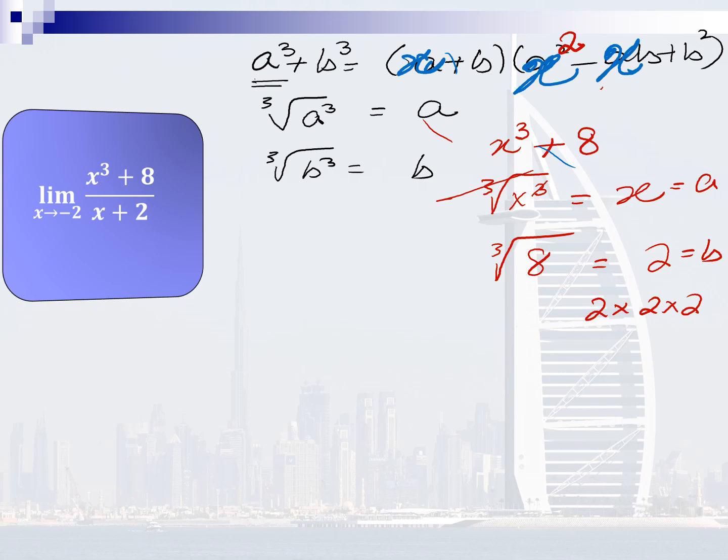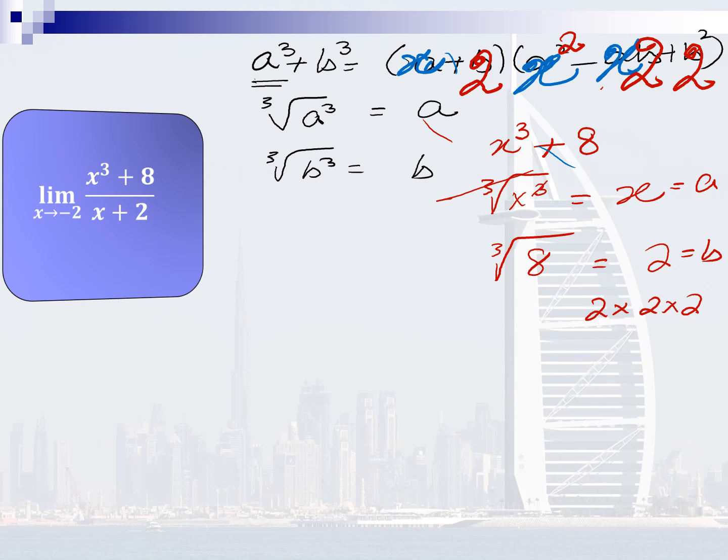I am not changing anything. Now after that, I have the b, which is equal to 2. So let's change the b. I have the b which is here 2, the b which is here 2, and here also I have a b which is 2.